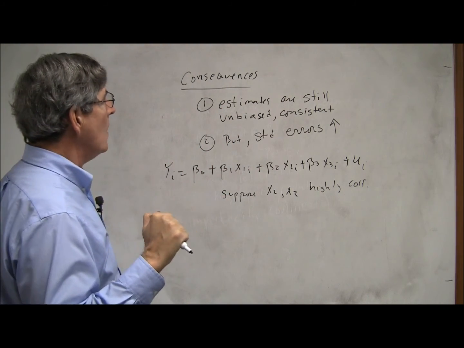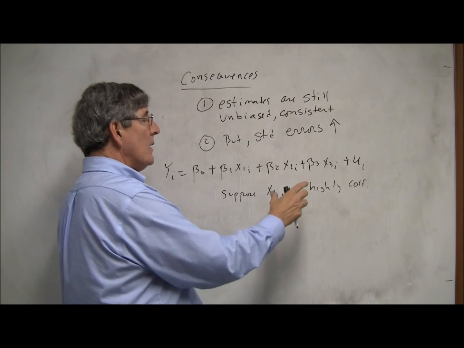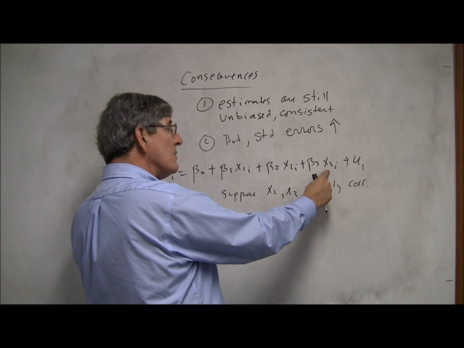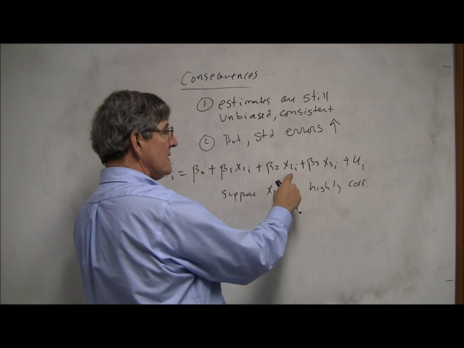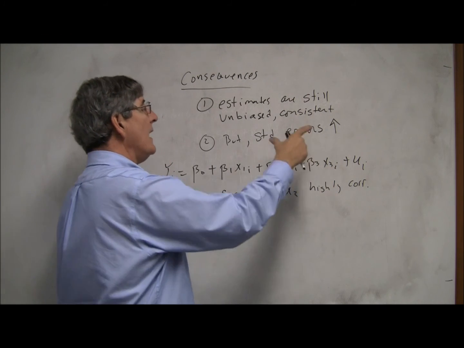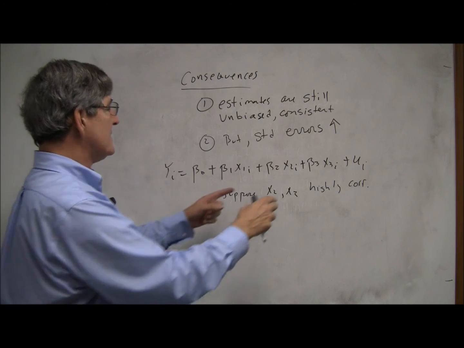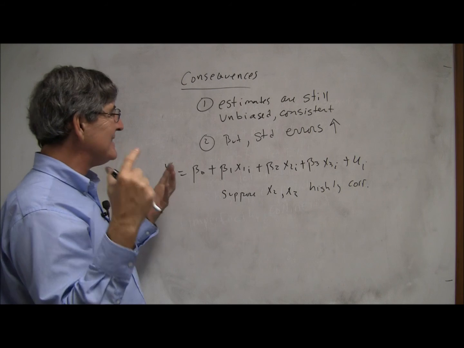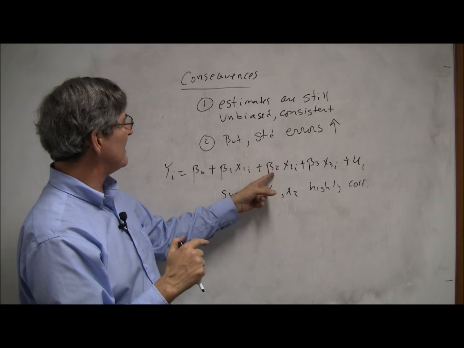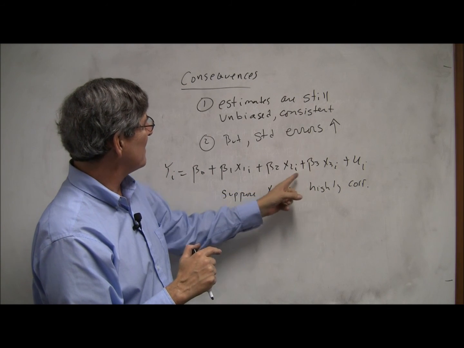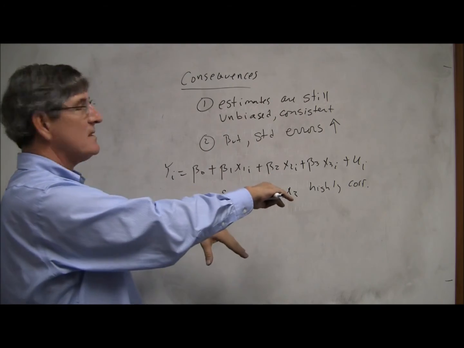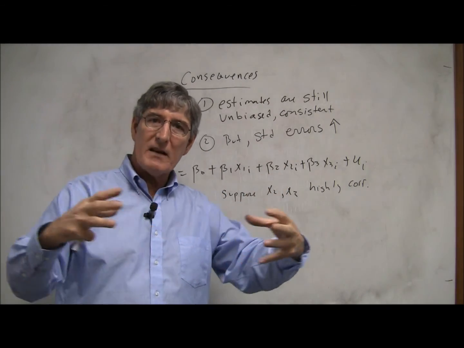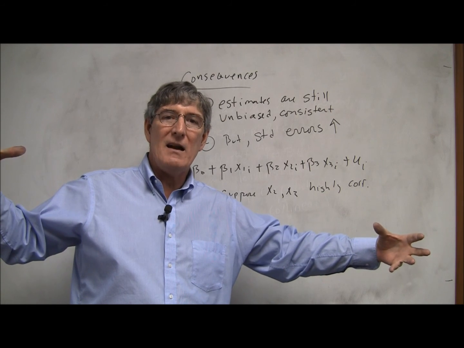In any case, when they're highly correlated, whenever x2 moves, x3 moves. Almost always, when x3 moves, x2 moves. So it never finds independent variation. It sees both x2 and x3 move, and it sees y move, and it says, oh boy, I don't know, should I put that on beta 2? Should I put that on beta 3? It just puts it somewhere, and what this means is I have a lot of uncertainty, and that uncertainty blows up the standard errors.